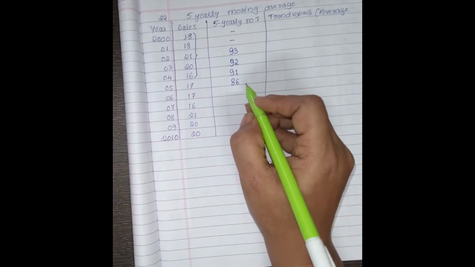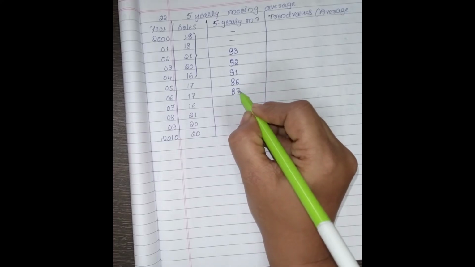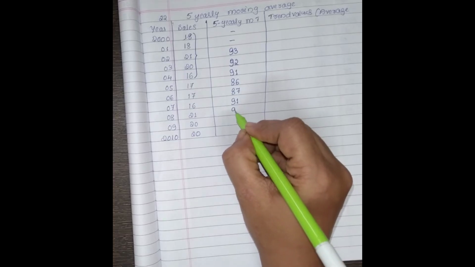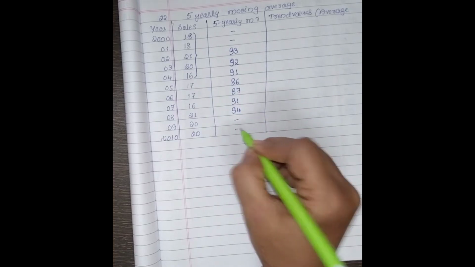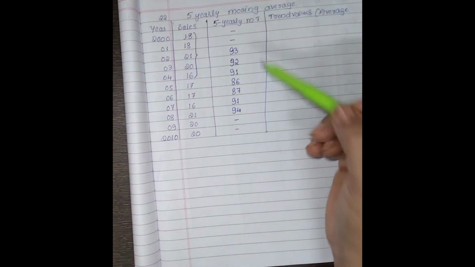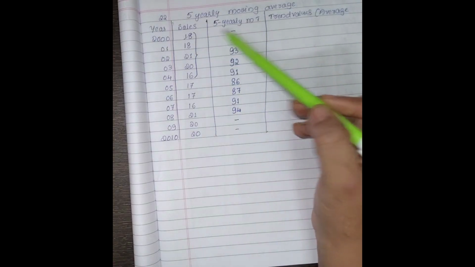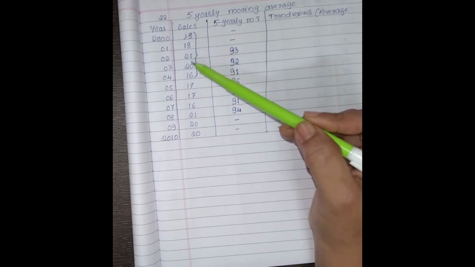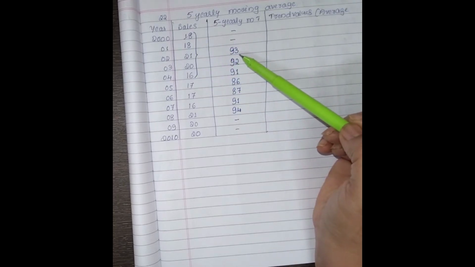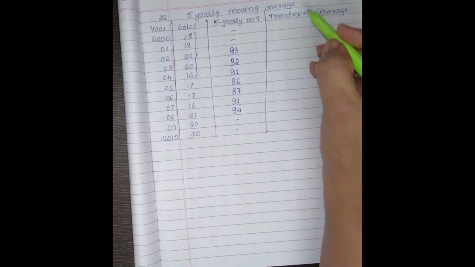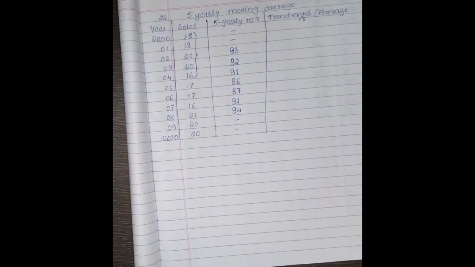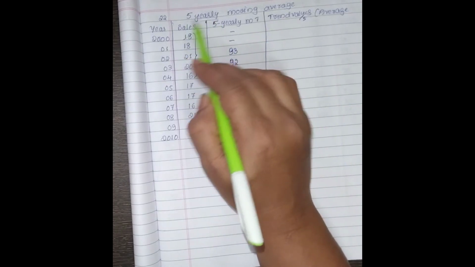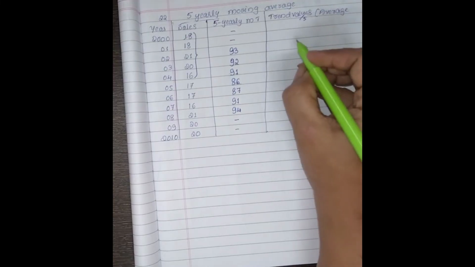Go on adding the values: 87, 91 and 94. Then 2 values are a gap at the end. Don't write it there; position is also very important. That's why you add the 5 values, write it in the middle side, then divide by 5. There we divided by 3, here it is 5 yearly, so you take divide by 5.